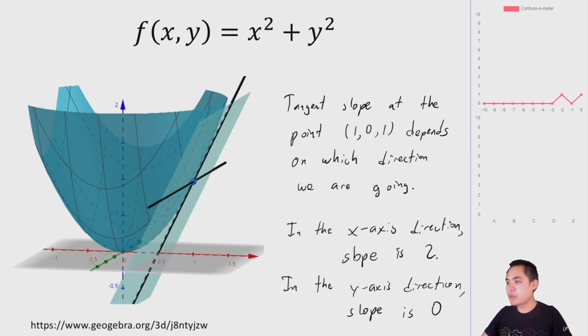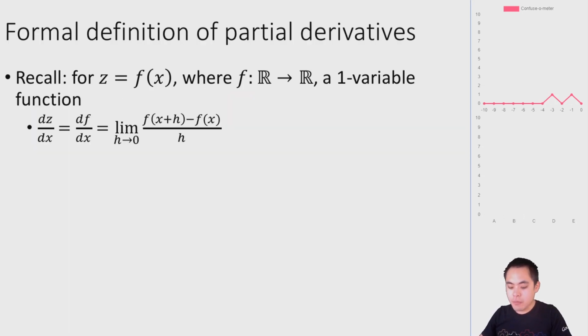Okay, so now we've talked about the intuition behind these partial derivatives. Let's go on and talk a little bit about a formal definition of partial derivatives. So recall, if you just have a single variable function, z is equal to f of x, then dz dx or df dx is equal to the limit as h approaches 0 of f of x plus h minus f of x, divided by h.